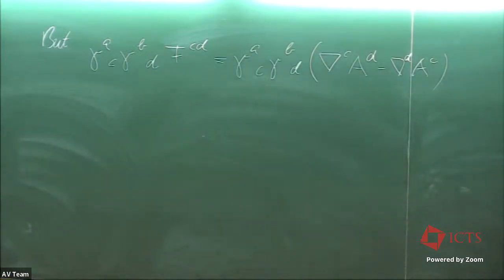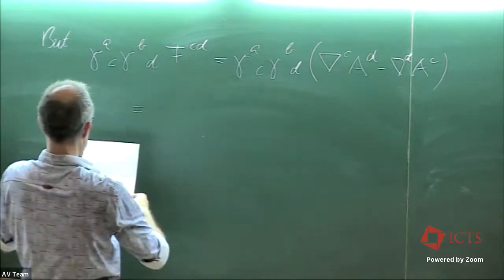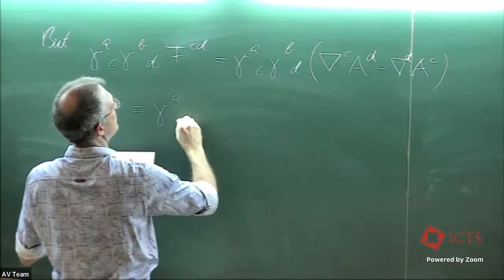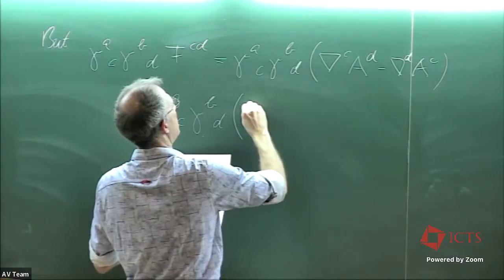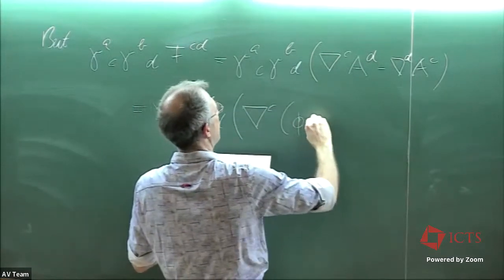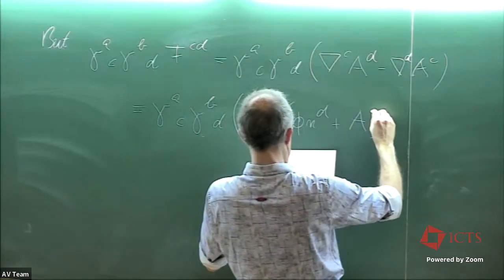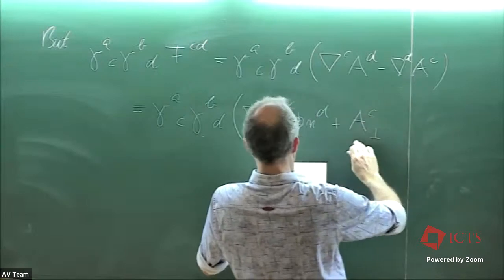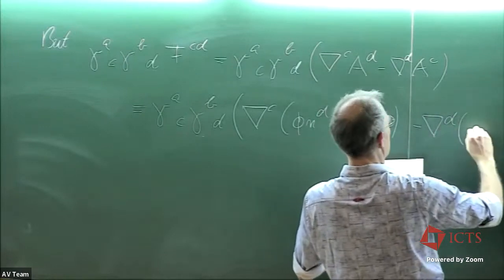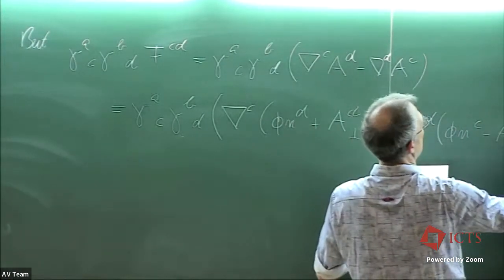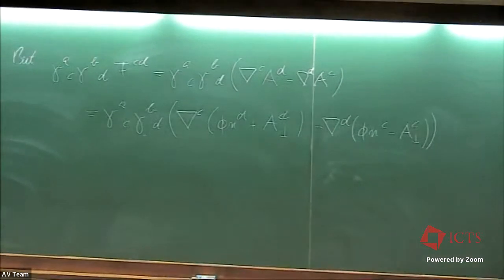And we already decomposed A. So I write gamma_A^C gamma_B^D times, inserting what we did for A yesterday: we wrote A as phi times n_D plus the spatial part, A perpendicular D, minus nabla_D, now the opposite, phi n_C minus A perpendicular C. You agree?